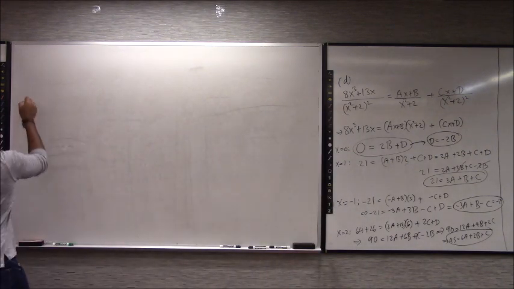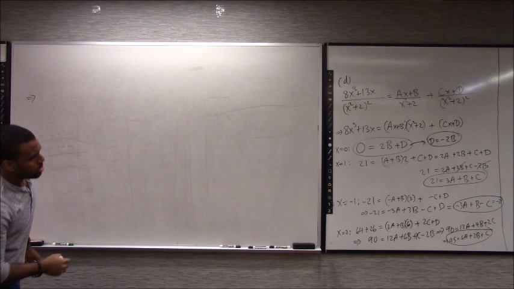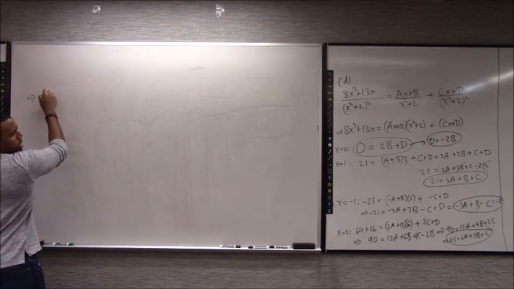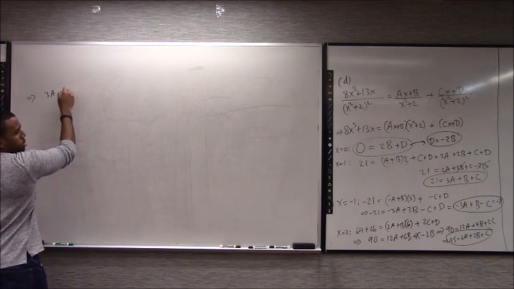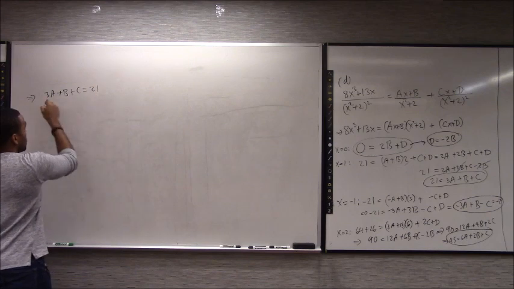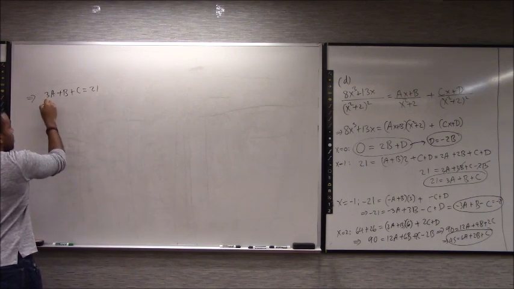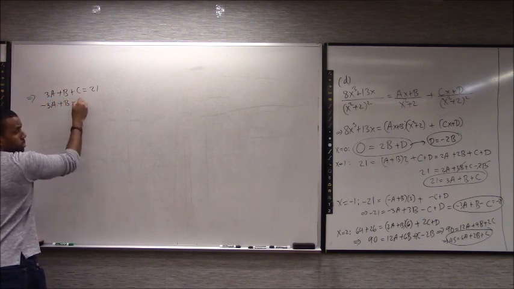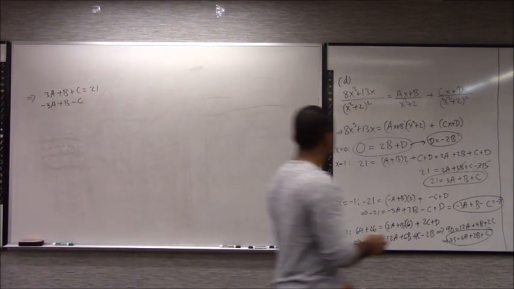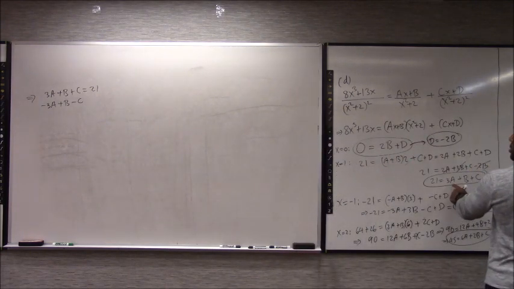So let me copy them over here. So 3a plus b plus c equals 21. Yeah, it's negative 3a plus b plus c equals 21 for this one. Oh, yeah, never mind.